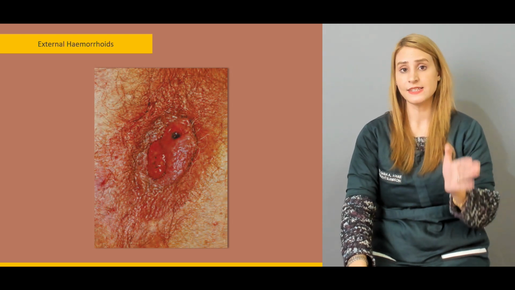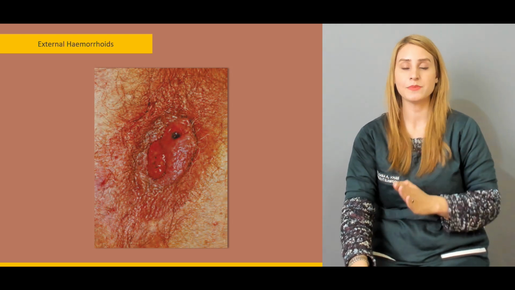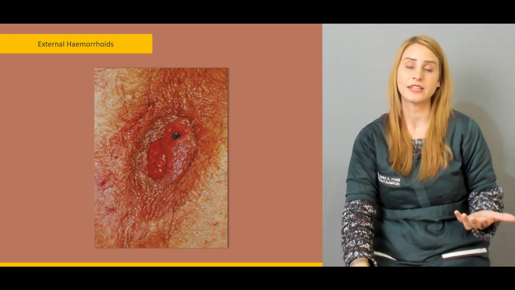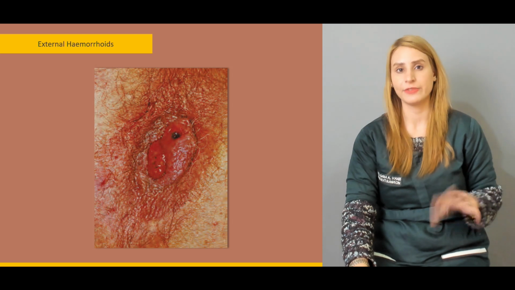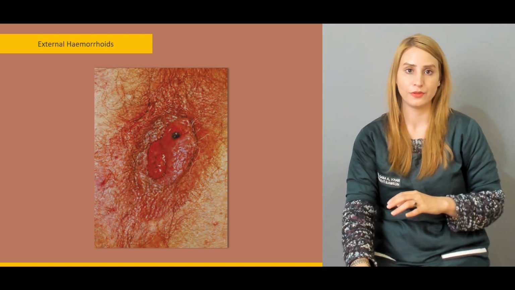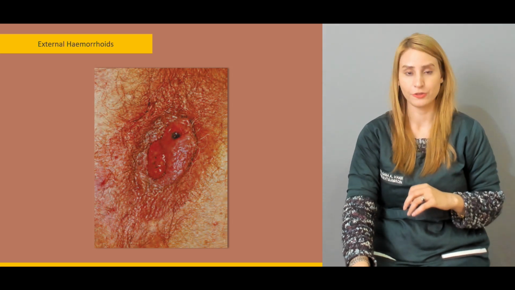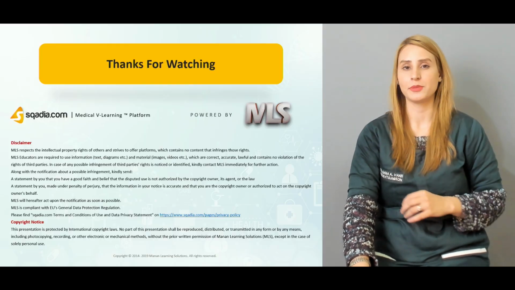The internal hemorrhoids have degrees, and the treatment strategies vary for them. But for the external hemorrhoids, you are left with only two options: banding, or hemorrhoidectomy. But most commonly, hemorrhoidectomy is performed for these complications.